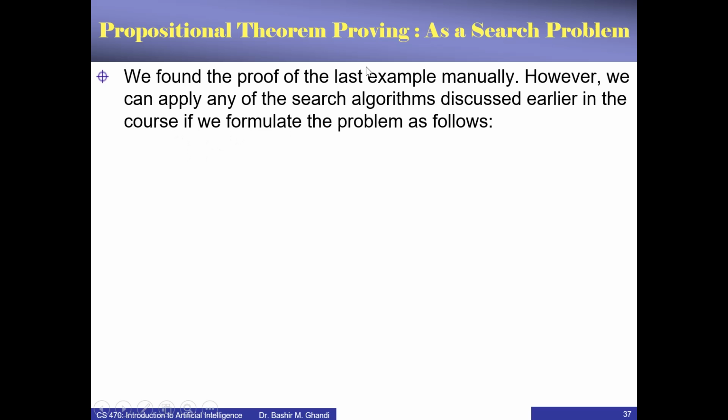We just need to formulate the problem as a search problem, and we can do this as follows. Initial state will be our KB. What do we know so far? So our knowledge base will form our initial state.